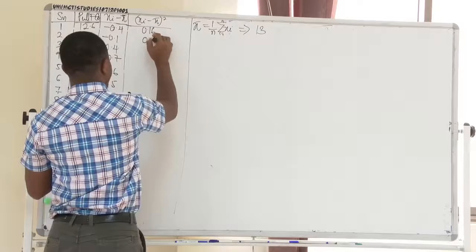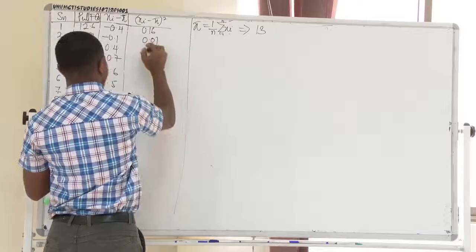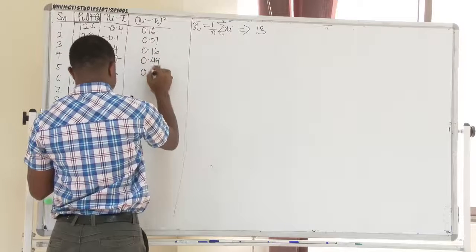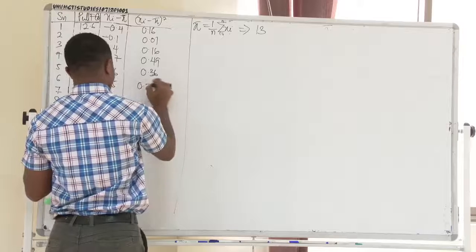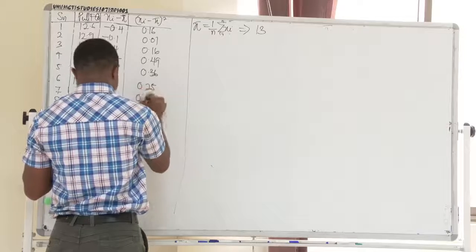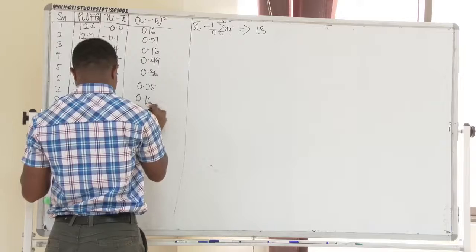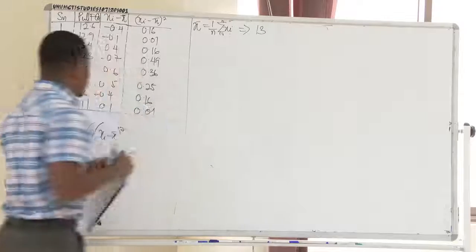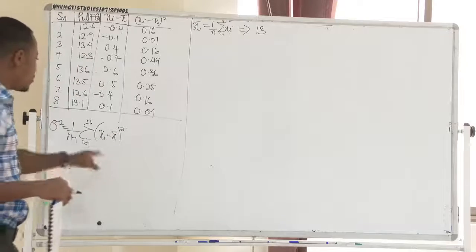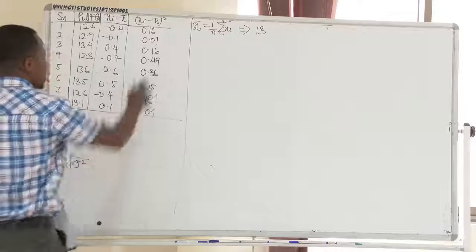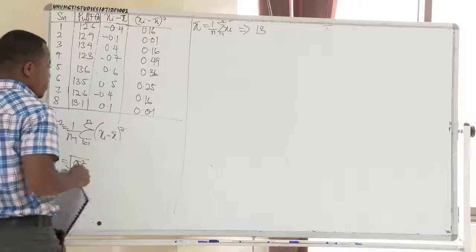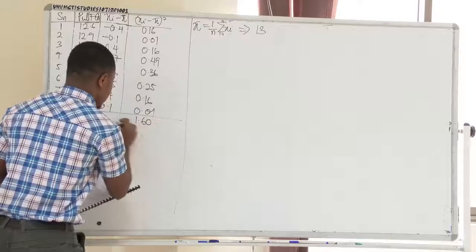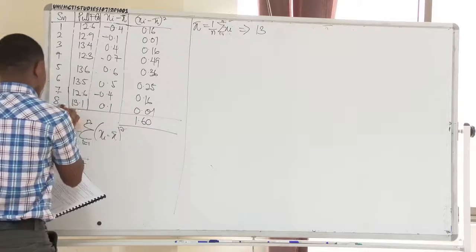The next one happens to be 0.01, then 0.16, 0.49, 0.36, 0.25, then 0.16, and 0.01. Now let's estimate our summation, the whole of this term. Summing everything here gives us 1.60, and that will be our summation.